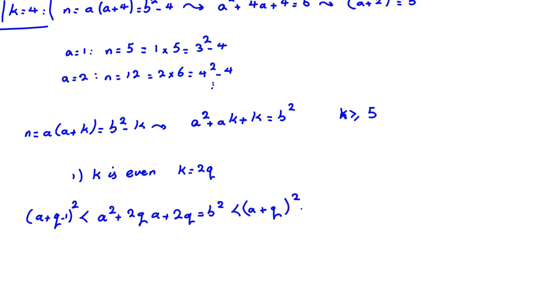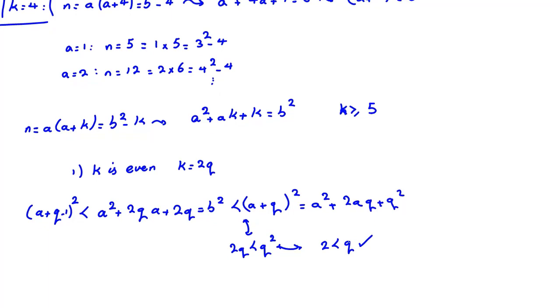So let's see. This one is a squared plus 2aq plus q squared. If we want to check whether it is correct, a squared and 2qa will be cancelled. So 2q should be less than q squared. And this is equivalent, if you divide by q because q is positive, to q greater than 2. And because k is at least 5, for even numbers k is at least 6, so q is at least 3. Okay, it is correct.